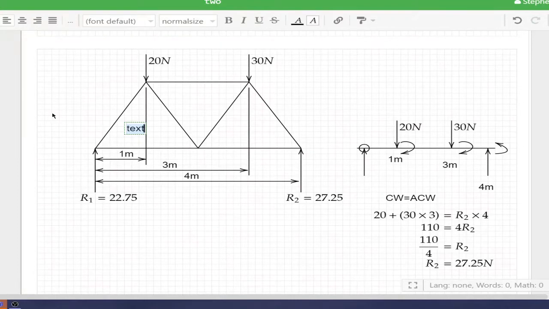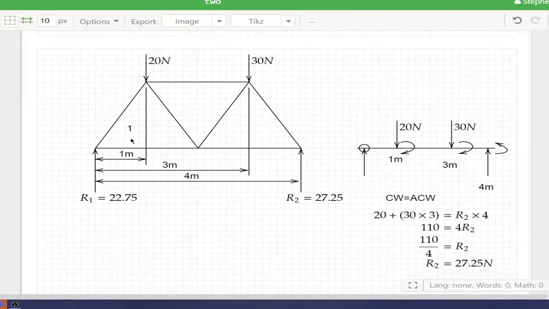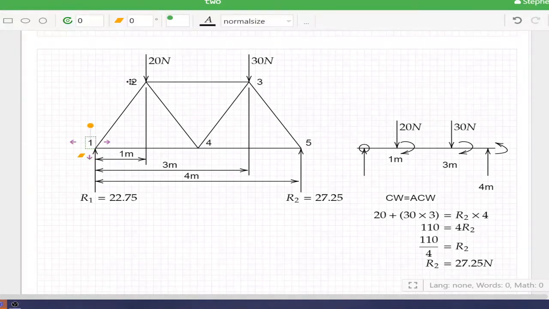And to help me as I do these, I usually number my joints. So I'm going to just quickly do that so we know what we're talking about. And it doesn't matter which way you number your joints. Here I've gone 1, 2, 3, 4, 5, but you could go the other way if you wanted.